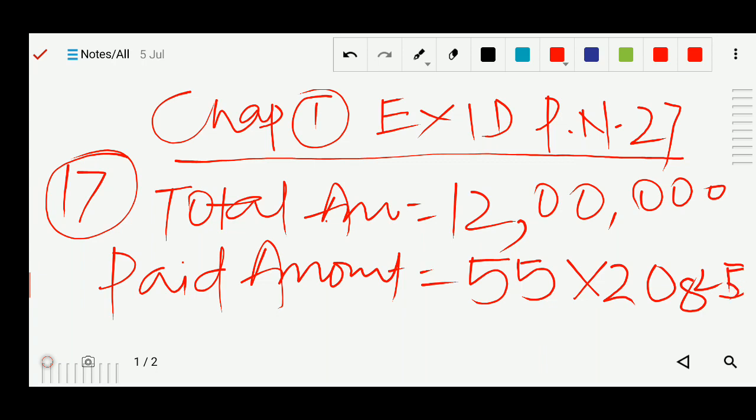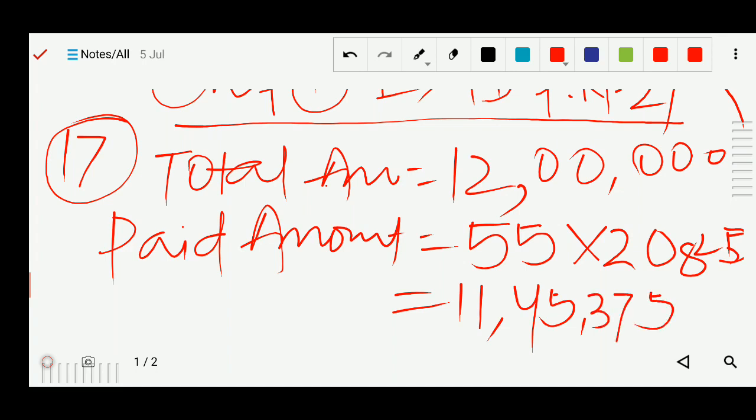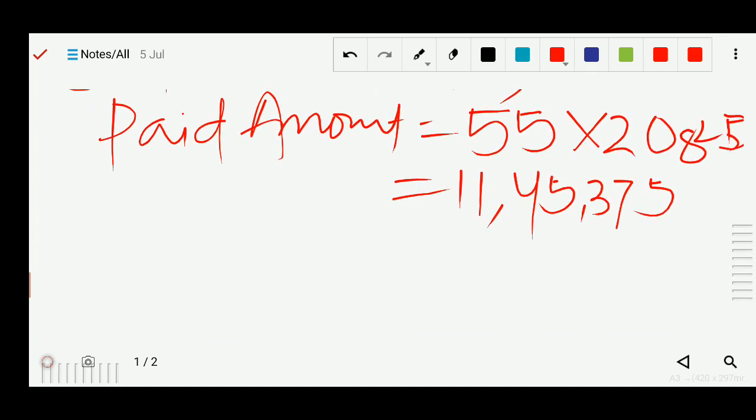So we will multiply these two, and you will get 11 lakh 45,375.